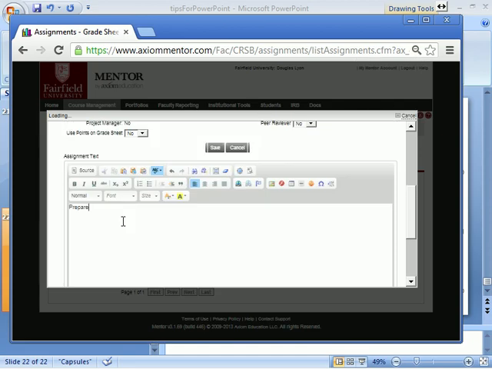Prepare to give a talk about your thesis without PowerPoints. Use an outline and submit it electronically, but no PowerPoints.